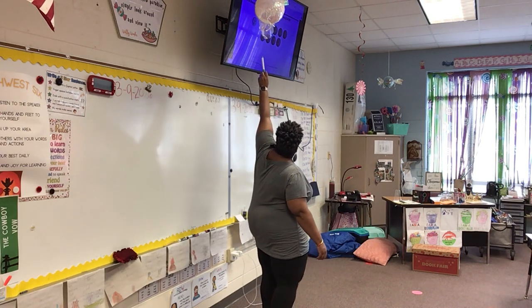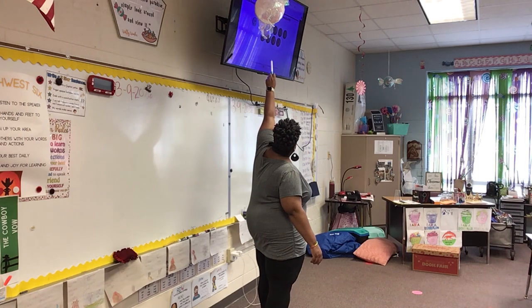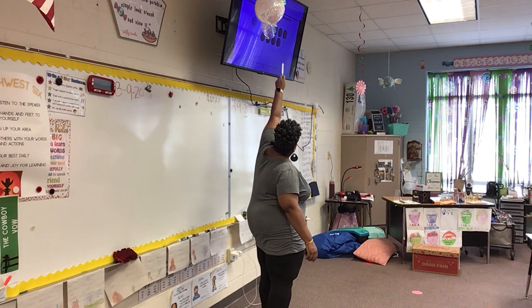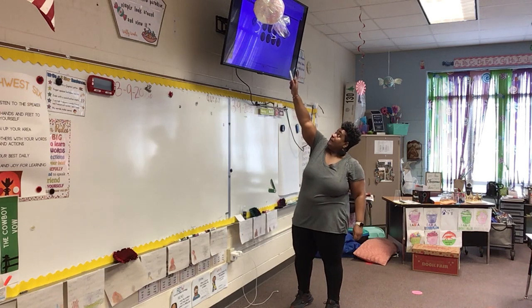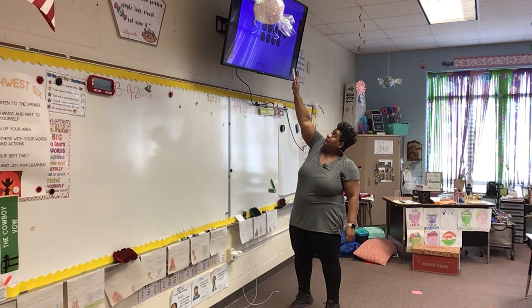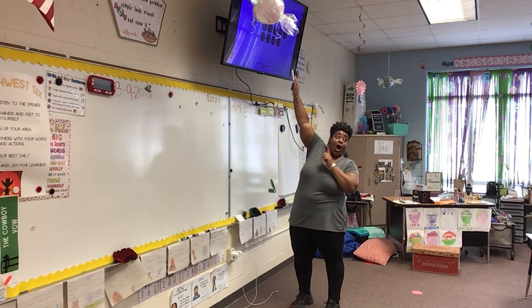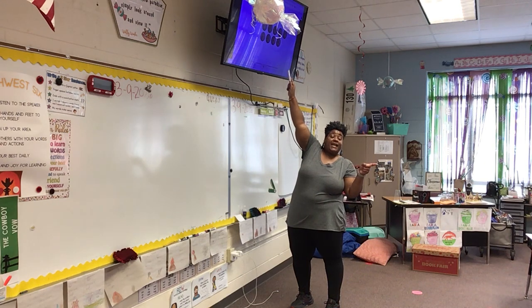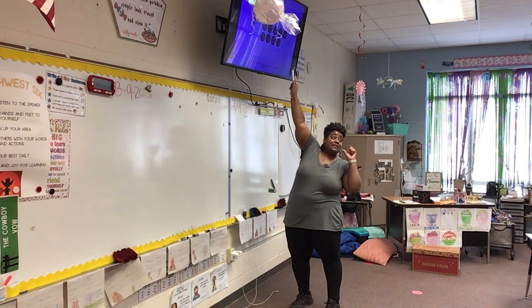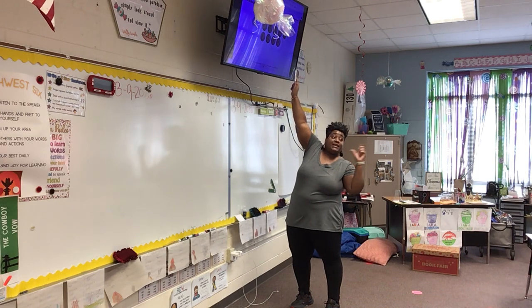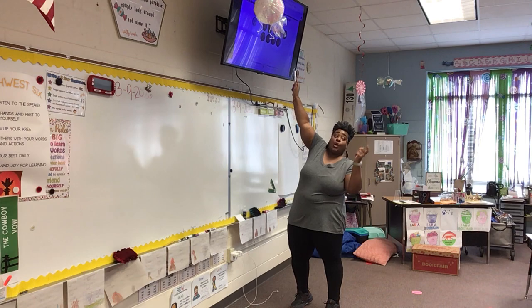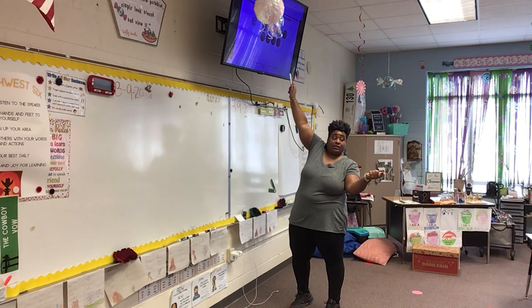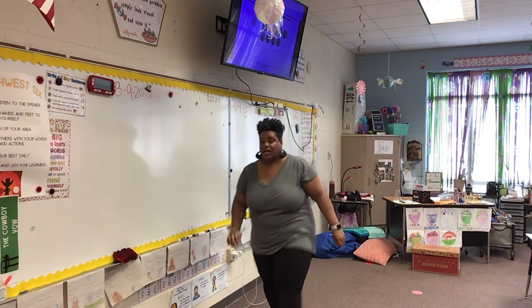Okay, so let's count on. 10, 11, 12, 13, 14, 15, 16, 17, 18, 19. Now, are we making a 10 or how much more do we need to make the next whole 10? 20. So the next whole 10 would be what? 20. So how much more do we need to make 20? 1. Very good.